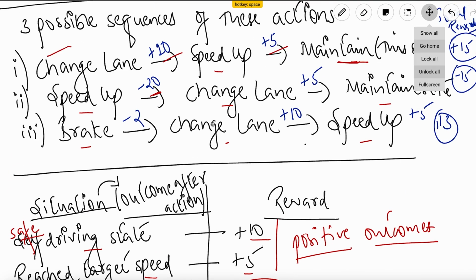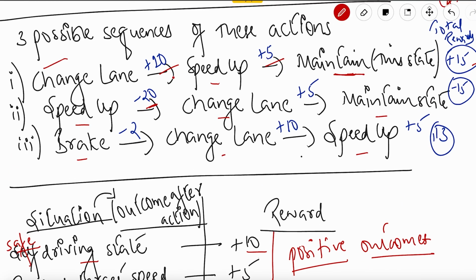In the first example, when we changed lane, nothing was in front of us, we could easily speed up, so it was the correct choice. But in the second case, if we speed up, we are very close to a collision, that's why it's assigned minus 20. Then changing lane is a good choice, but the final result is minus 15.